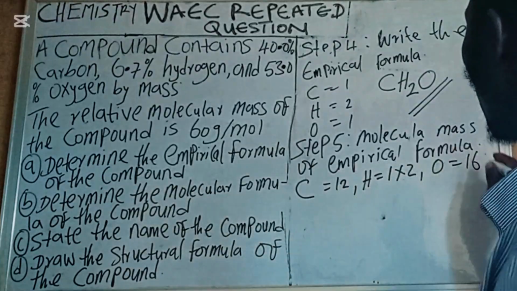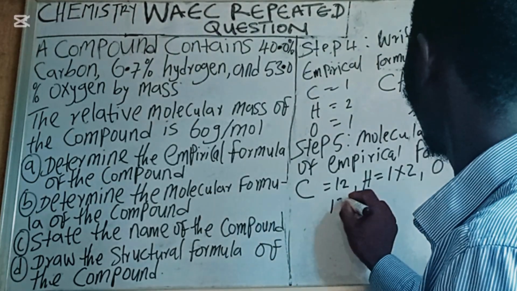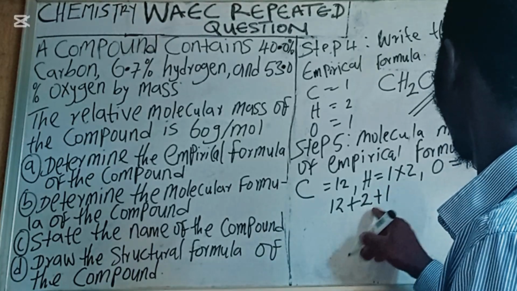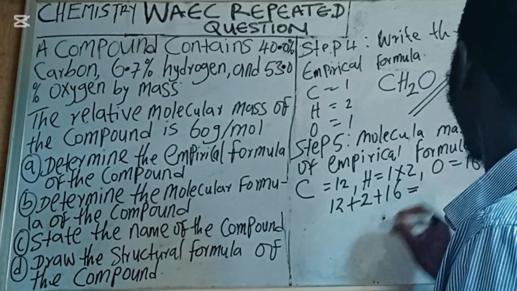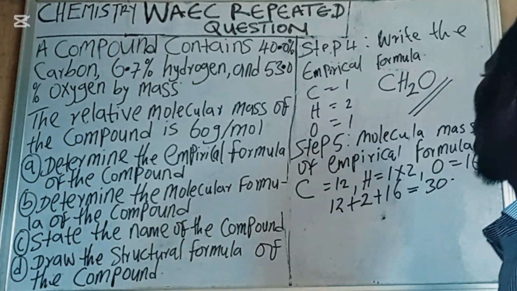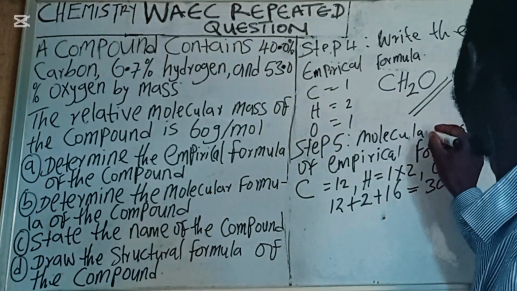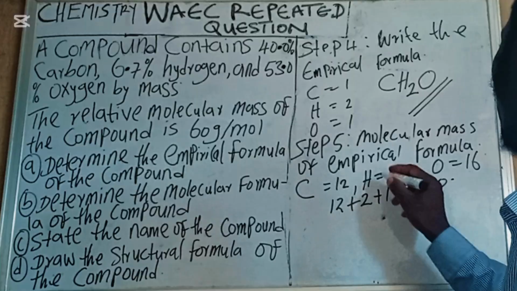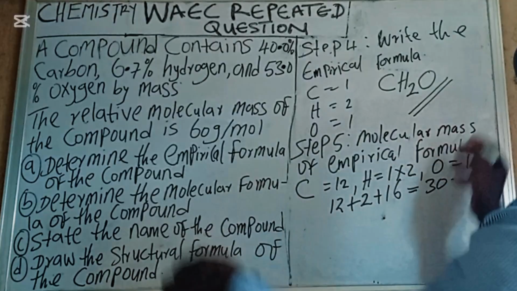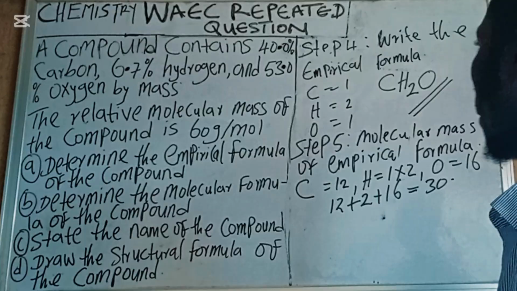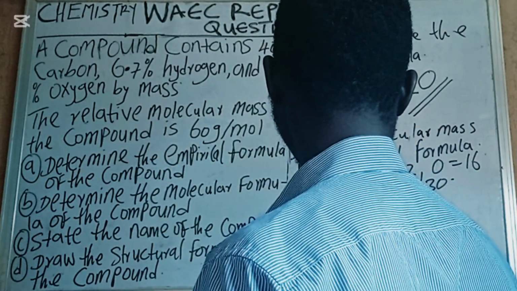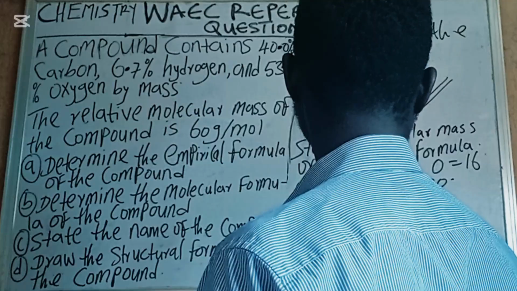So when you sum all these values together, 12 plus 2 plus 16, it will give you a sum total of 30. So this is the molecular mass of the empirical formula, which is 30. So the next step is step 6.